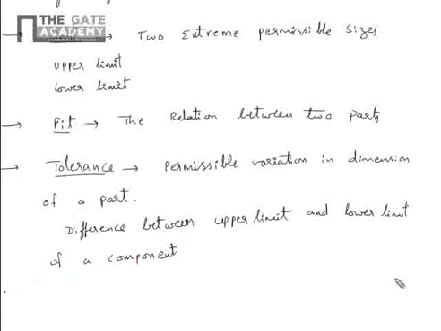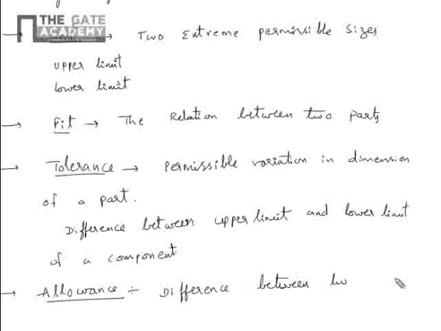Next is allowance. What is allowance? The difference between two mating parts is allowance. Suppose I insert a bolt into the nut, the gap between them is called allowance.